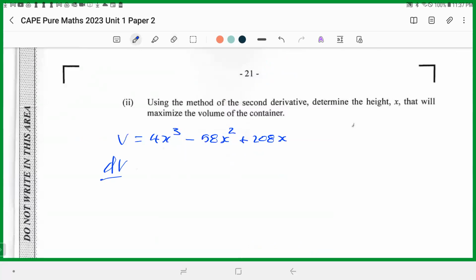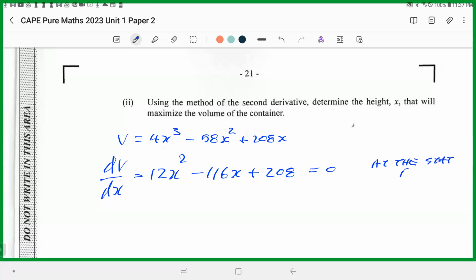So dV by dx at the stationary points becomes 12x squared minus 116x plus 208, and this is equal to 0. 2 times 58 is 116. We need the x values at the stationary points, and then d2V by dx2 to find the nature.